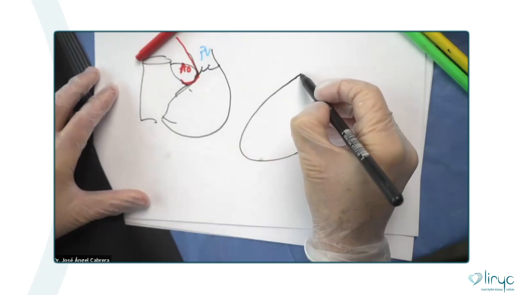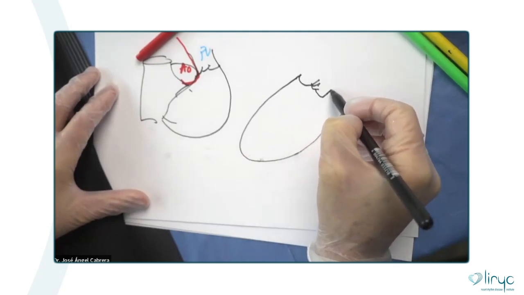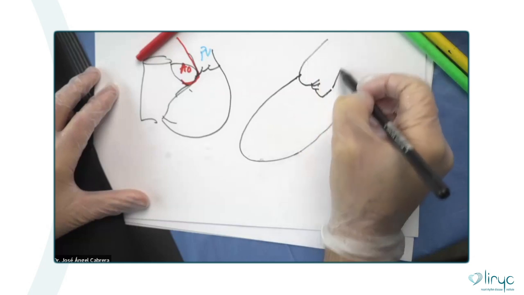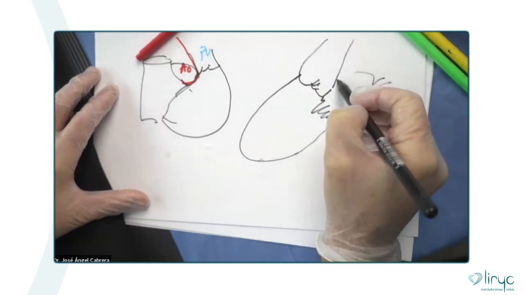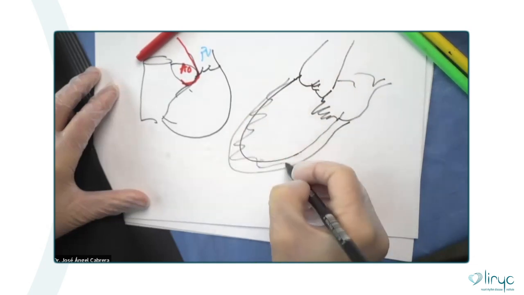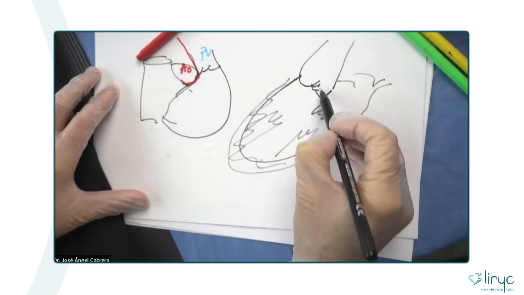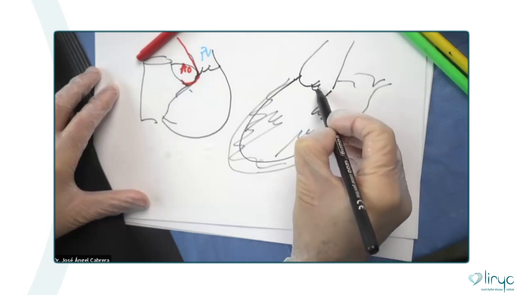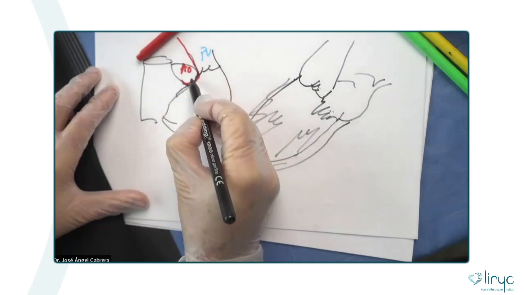here we have the mitral-aortic continuity. They are not this area in red because the aorta is here.